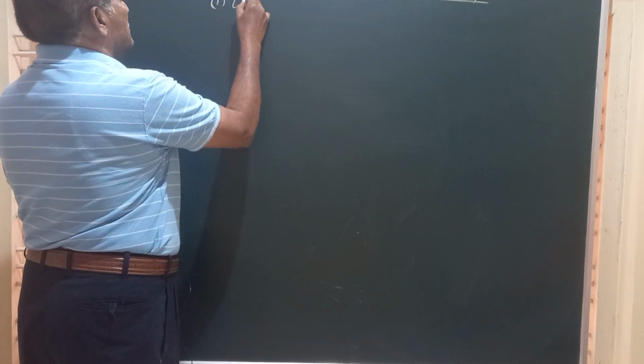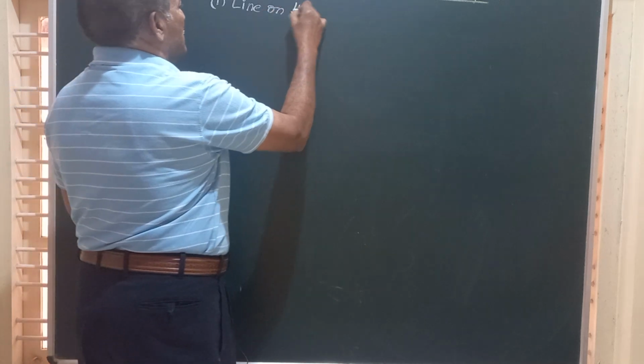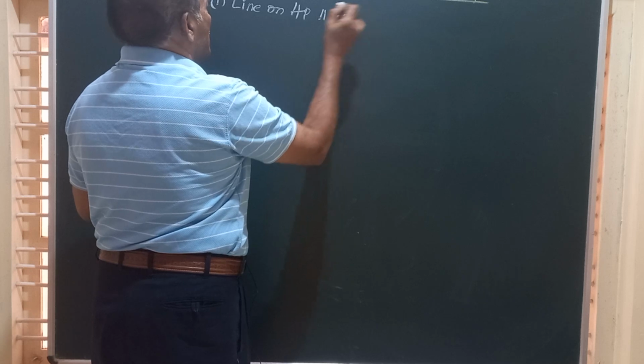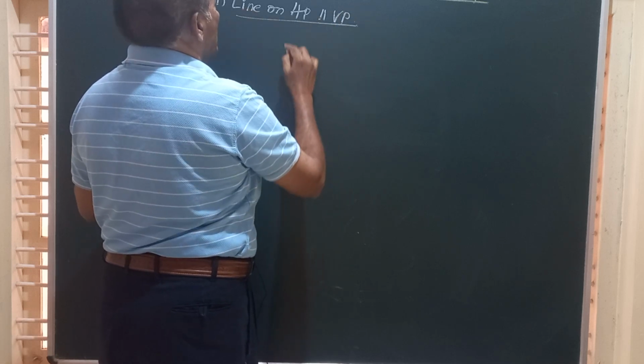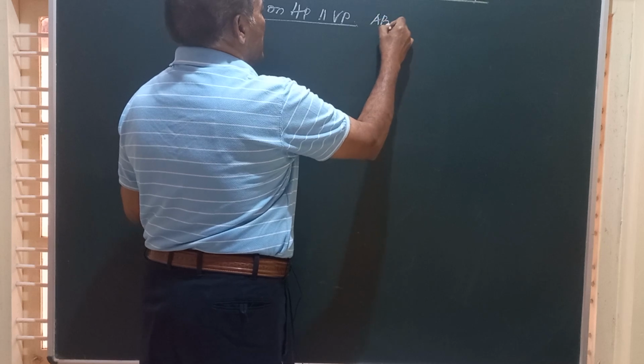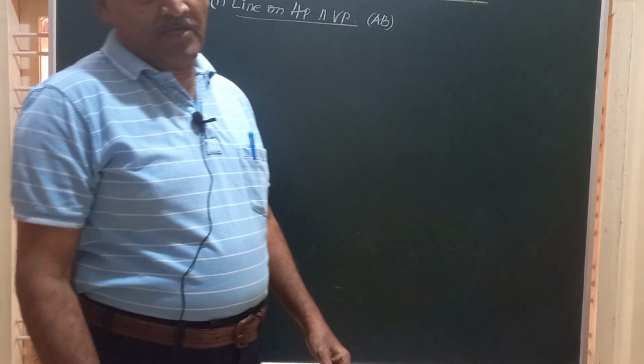Case 1, you have a line on HP parallel to VP. Suppose you have got a line, for all this you take the line as AB. AB is the line that is on HP parallel to VP.